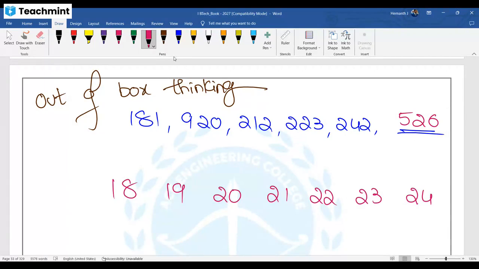After every 2 digits, they have to put a comma, but he put the comma after 3 digits. That's the grammatical mistake, I said. See, the numbers above are the same thing. Remove that comma and you observe 18, 19, 20, 21, 22, 23, 24, 25, 26. So like this, out of box thinking questions we also kept in your booklet.